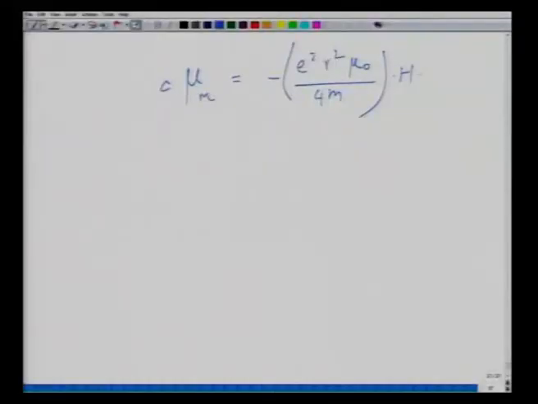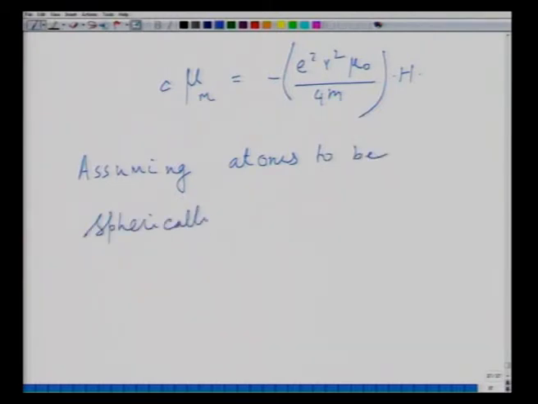Now typically, if you take atoms to be spherically symmetric, this r square essentially changes to 2 by 3 r bar square, where r bar is a mean radius.